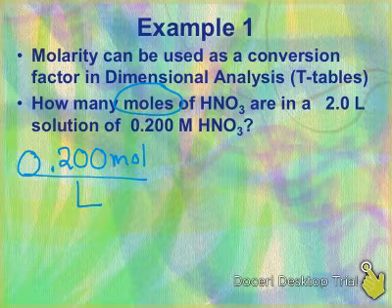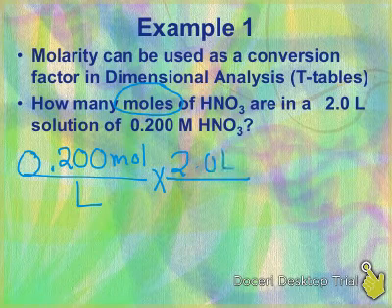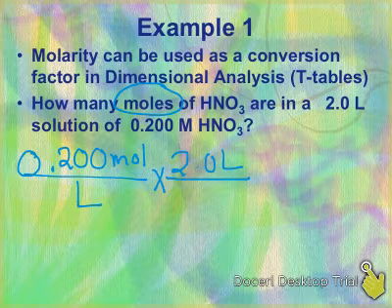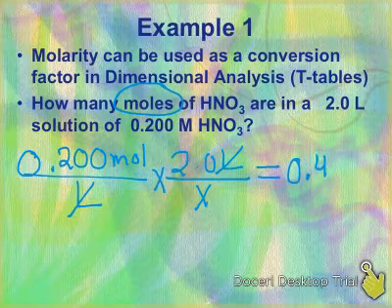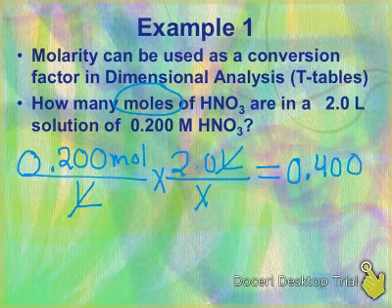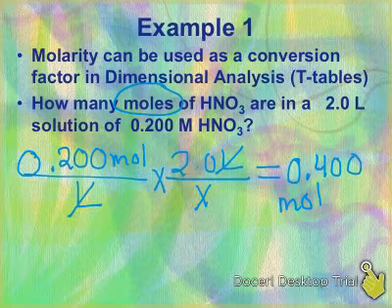Luckily, it's in liters, so we don't even have to convert it. Is my 2 liter going to go on the top or the bottom? Top. Does anything go on the bottom? Nope. So my liters cancel. We're left with moles. If I do 0.2 times 2, I'm going to get 0.400 to maintain significant figures, moles of my solute, which is HNO3.